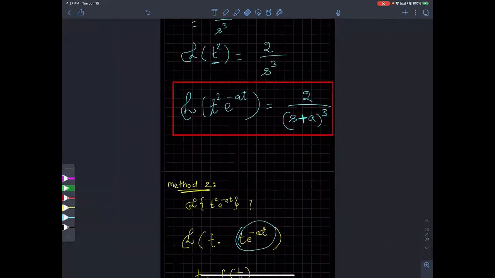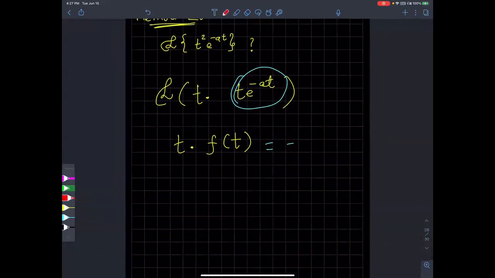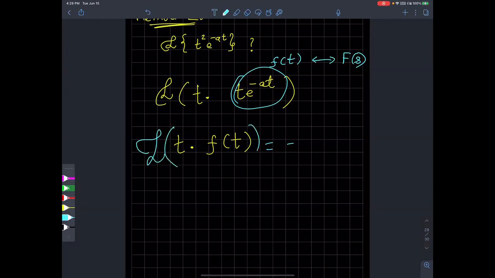So the idea is, if this is my f of t, and I already know F of s for this from table 1, then the Laplace transform of this function is going to be negative d by ds of F of s. Okay, let's see if we can do that.